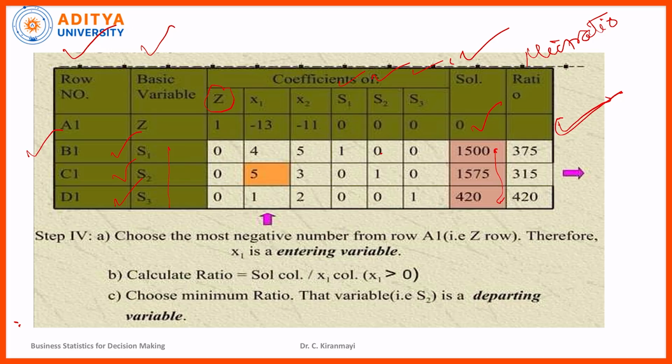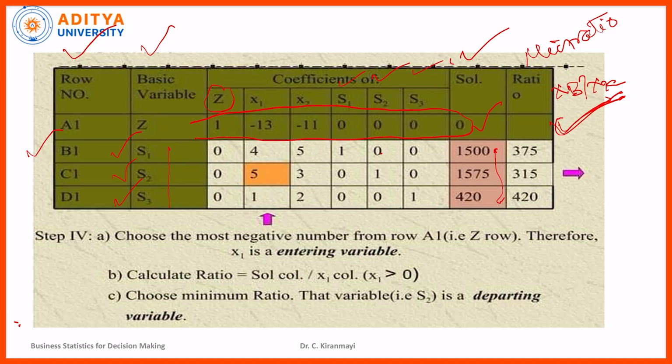So how do we find this minimum ratio, xb by xk? First we have to find the key column and key row. First we have to identify the key column: the most negative value among the coefficients of the objective function.